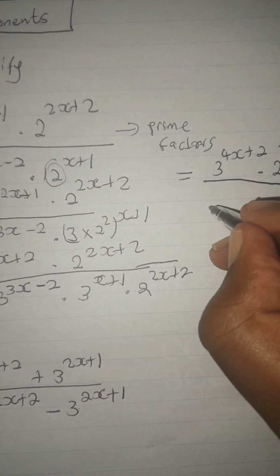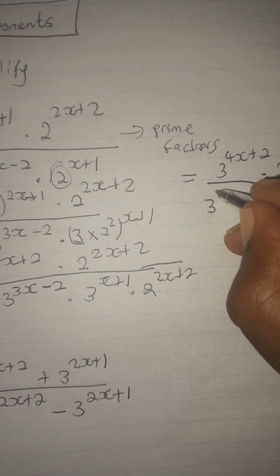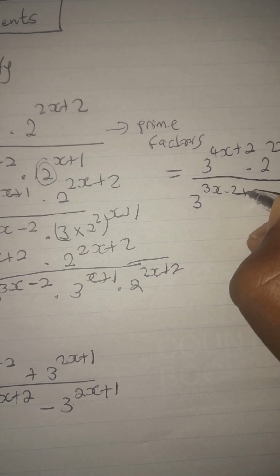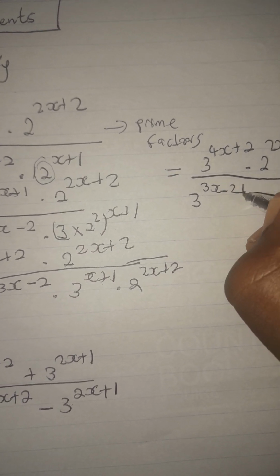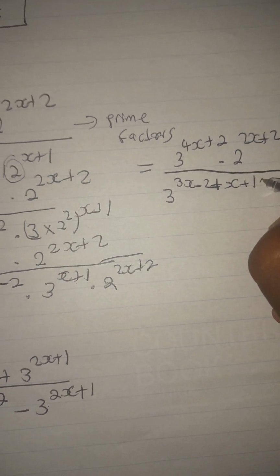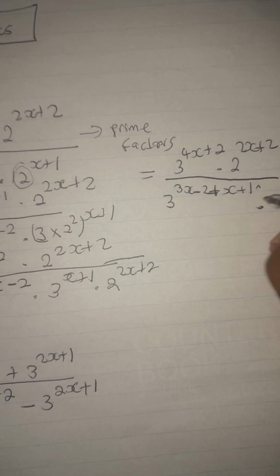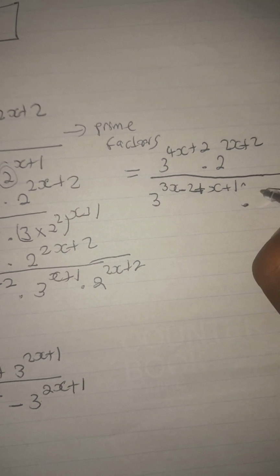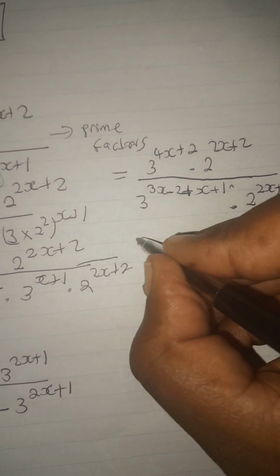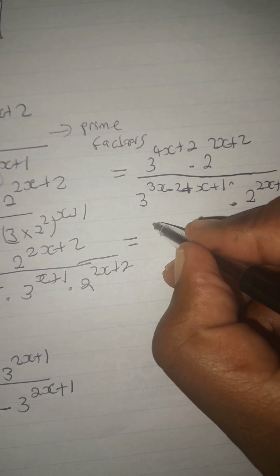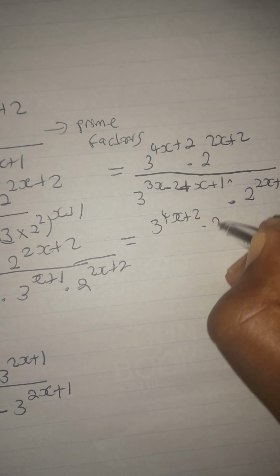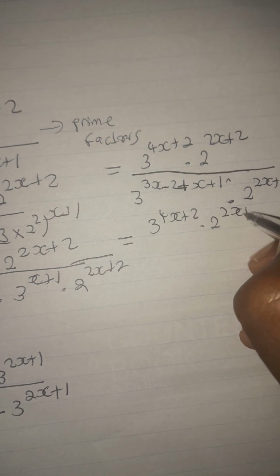So since the bases are the same, we are going to say 3x minus 2 plus x plus 1. Then this one remains the same, 2x plus 2. So let's continue working. We have 3 to the power of x plus 2 multiplied by 2 to the power of x plus 2 there.